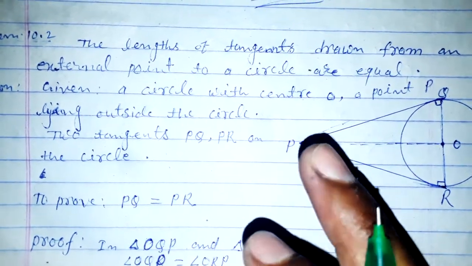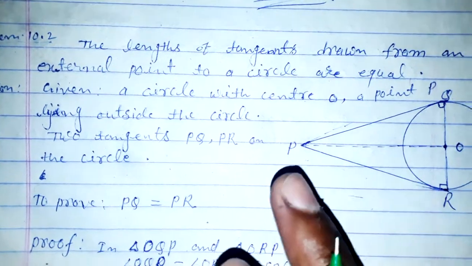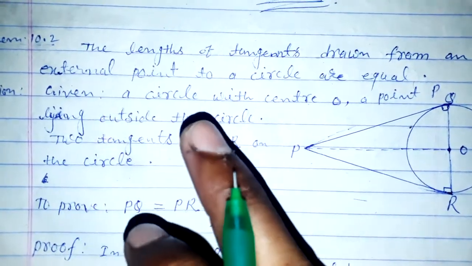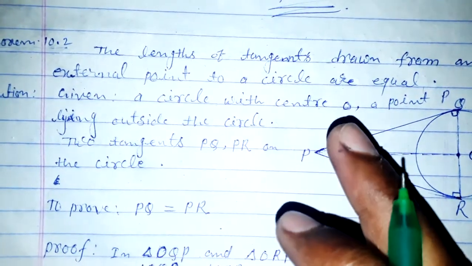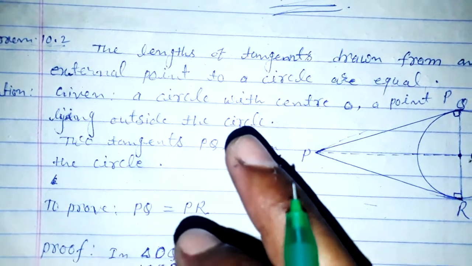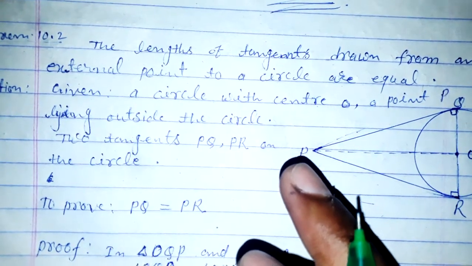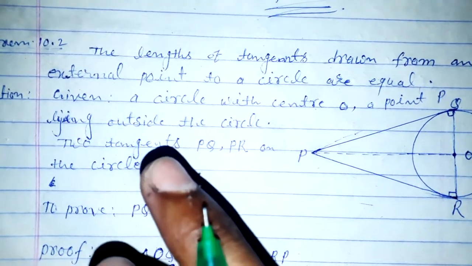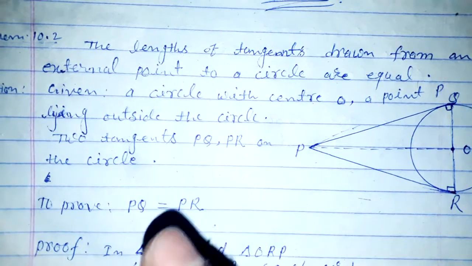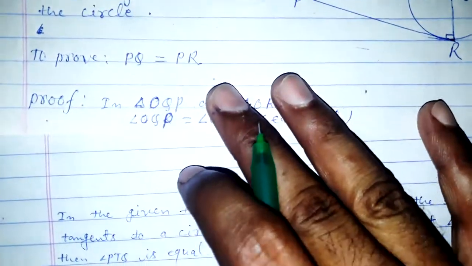P is the external point, and PQ and PR are the tangents. Given a circle with center O and a point P lying outside the circle, two tangents PQ and PR on the circle, to prove PQ is equal to PR. Proof.